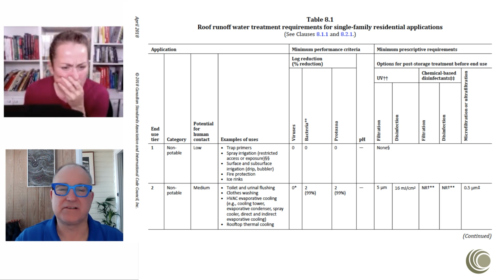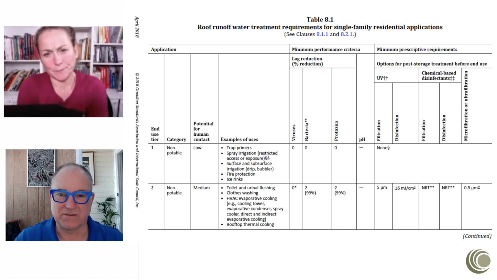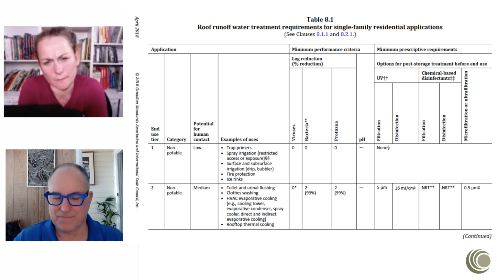Impossible to measure, impossible to prove. So if you have low counts of anything, notwithstanding that the testing methods are not overly reliable in this sort of water, the log reduction process makes no sense when you're starting with very low numbers or no numbers.